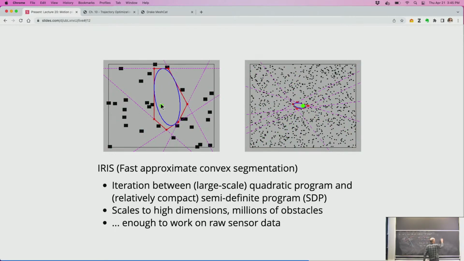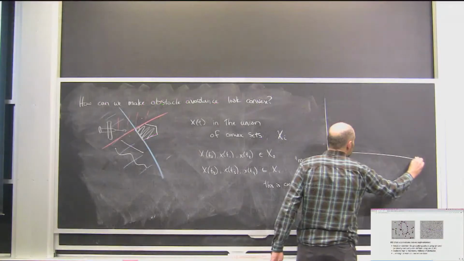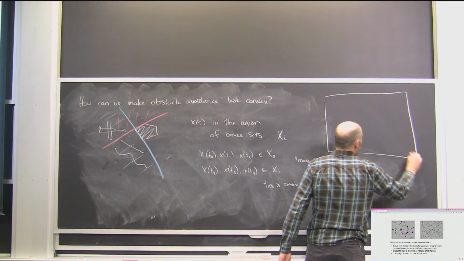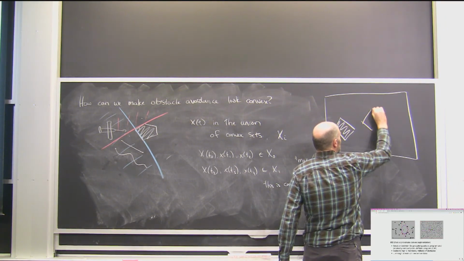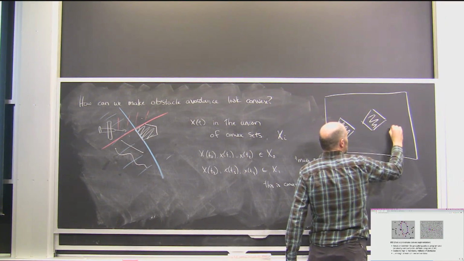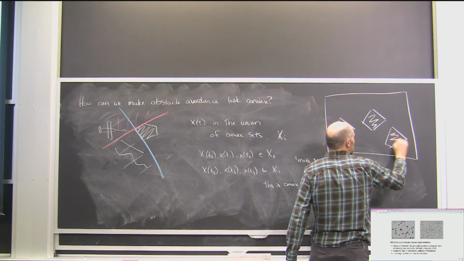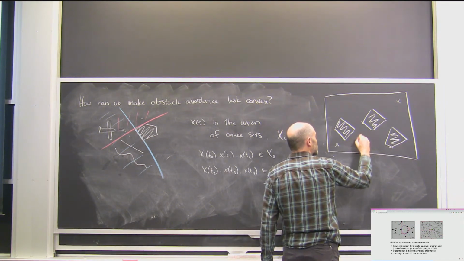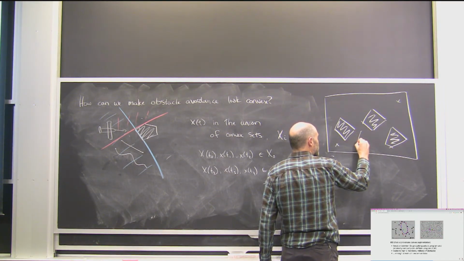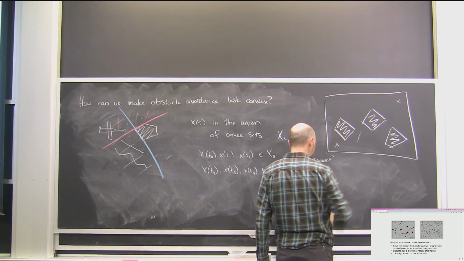So in the PRM setting, I said you've got to start in a goal, and the way we're going to do it is we're going to sample, and we're going to start building a graph, right, in the PRM setting.